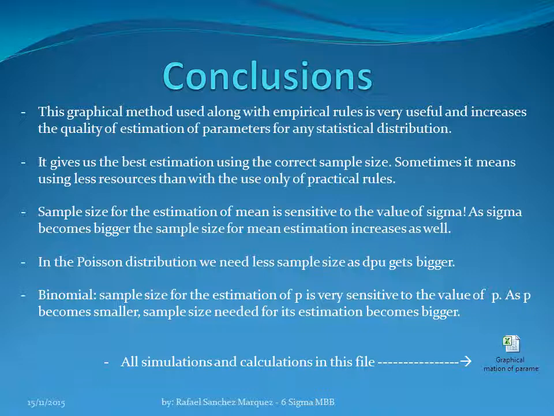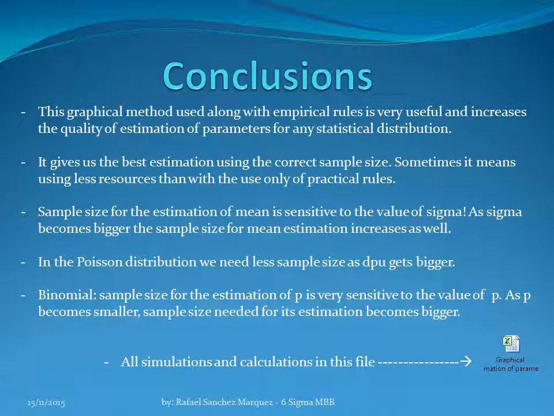So, conclusion. This graphical method, used along with empirical or practical rules, is very useful and increases the quality of estimation of parameters for any statistical distribution and any statistical parameter when we don't know anything about the true value of the parameter.